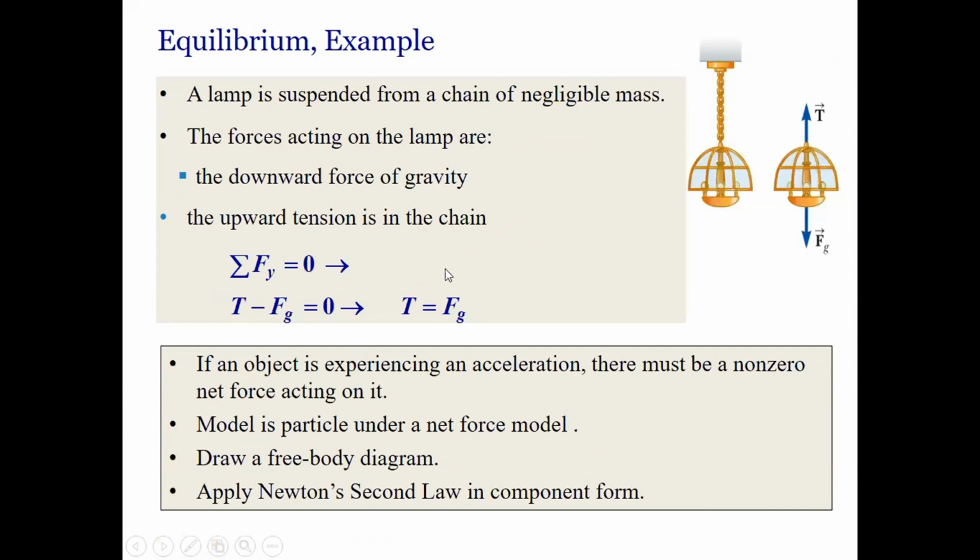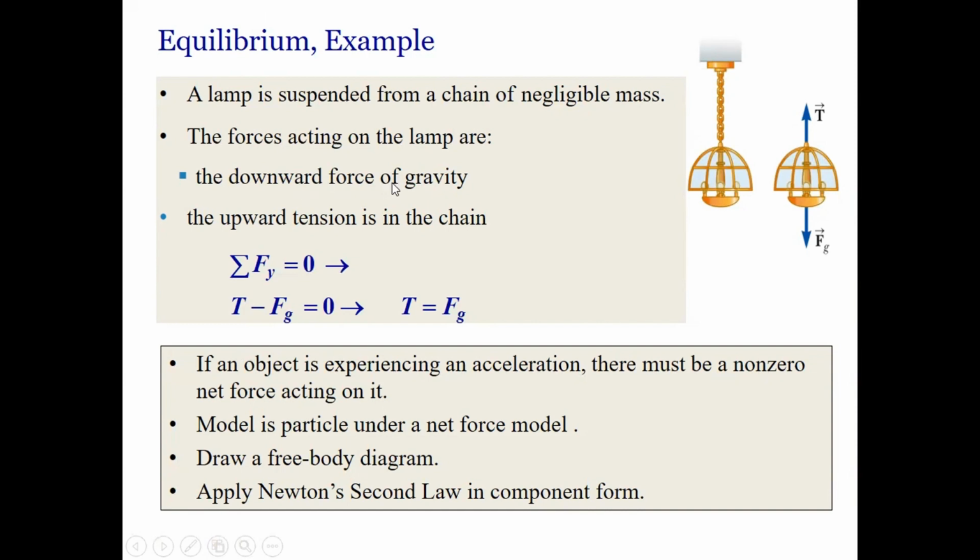Then let us consider one example on this equilibrium. A lamp with a shade is suspended from a chain of negligibly small mass, and it is connected to the ceiling. The forces that are acting are shown here.